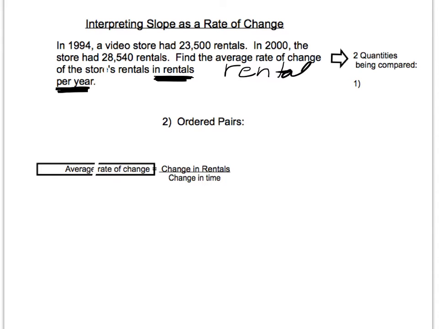Rentals per year. By writing this rate as a fraction, and now that you understand the definition of slope, change in y over change in x, you clearly have in front of you what the y variable is and what the x variable is.